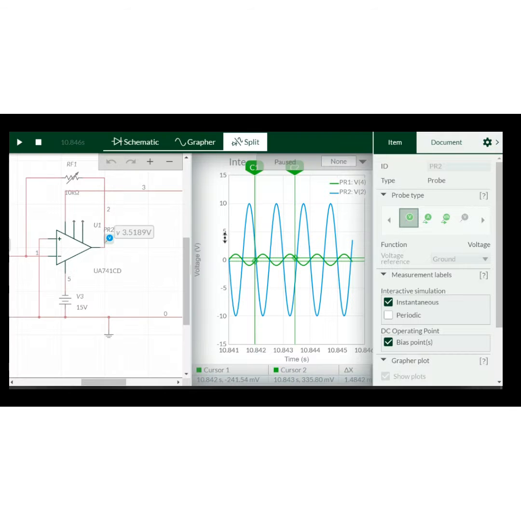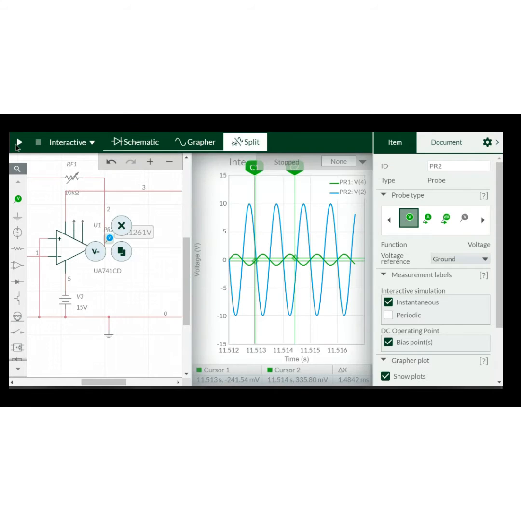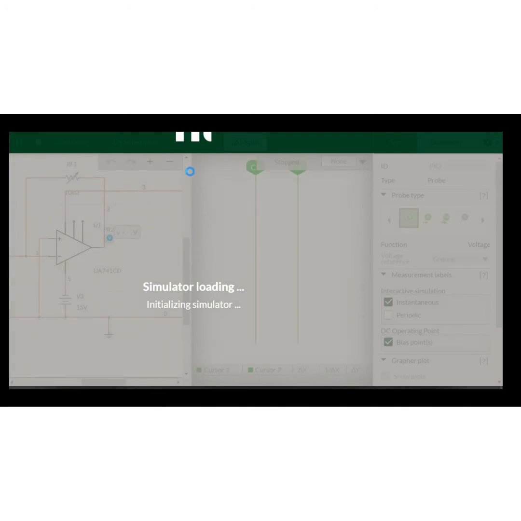Now I change the RF1 to 10 kilo ohms and use the same step like the previous video. So for the circuit, for the graph, you need to move the cursor to get the perfect value.